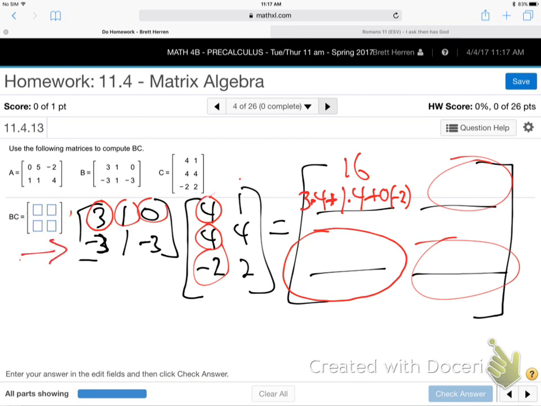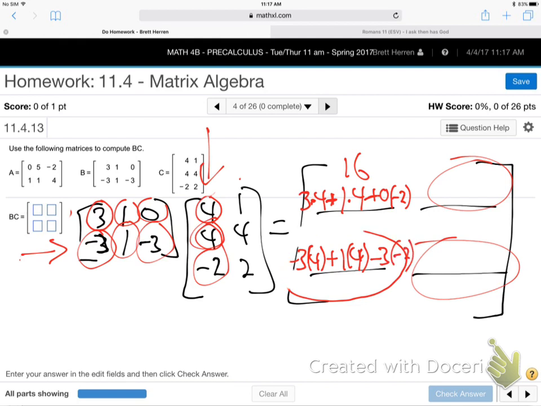So I'm going to go bottom left. Here we go. -3 times 4 plus 1 times 4. And then -3 times -2.